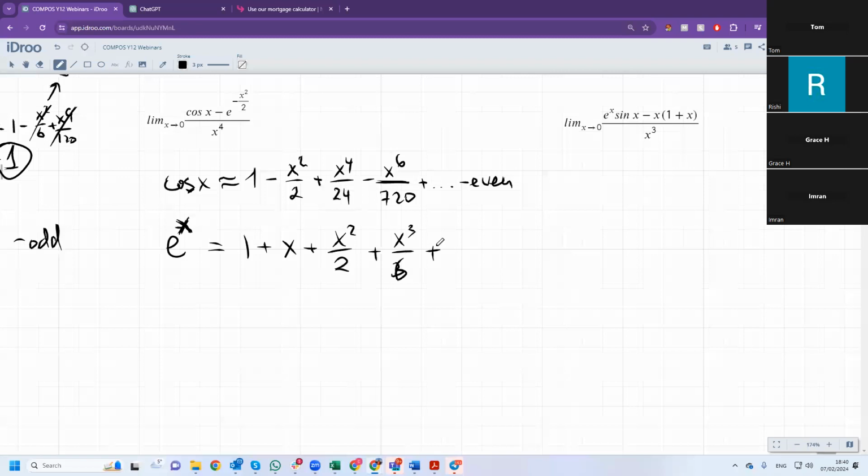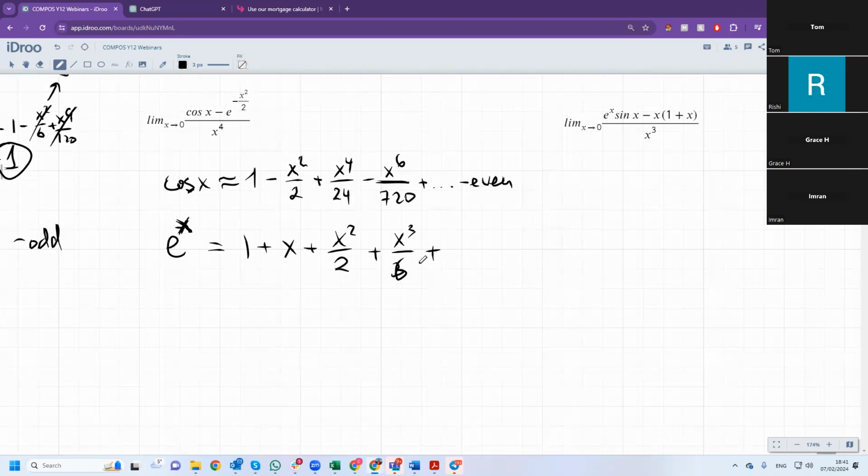Yes, Archie, that is trial and error. The odd or even powers of x determine the oddness or evenness of the function, Grace.